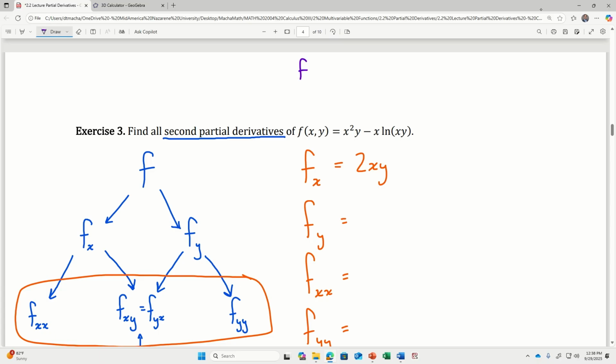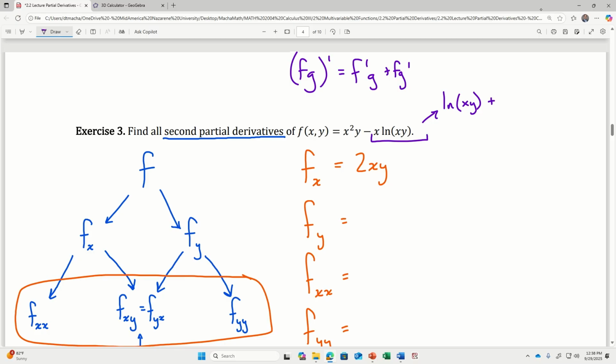The product rule is f prime g plus f g prime. And so in this case, this part here is going to be the derivative of x, which is 1, times g, which is natural log of x times y. Right?